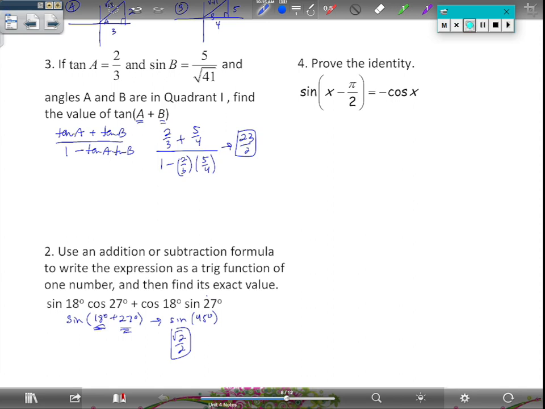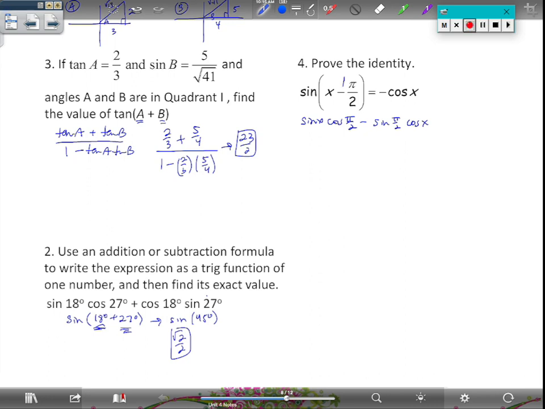So I'm going to use the sine addition property, and we are in this case subtraction. We know sine is the nice one, so we've got sine of x, and then cosine of pi over 2. If sine is asked to subtract, what's sine going to do? Sine is going to subtract. And then we've got sine of pi over 2 and cosine of x. Notice, now this might have been what you were asking.